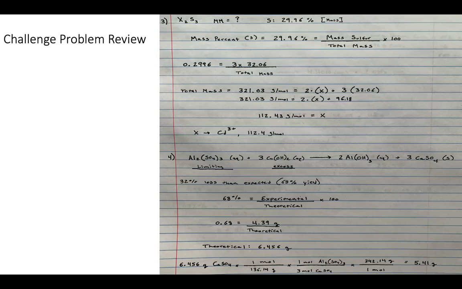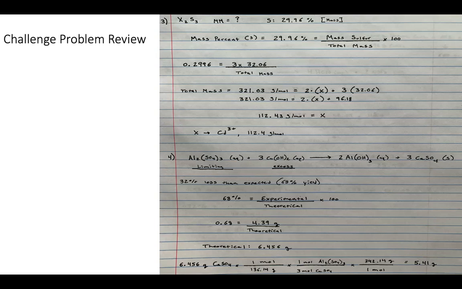When we look at the periodic table, the only element that weighs right about 112.4 is cadmium, Cd. Okay, and we know it's 3 plus just because of the ionic formula, right? Charges balance. If there's 3 sulfurs, they all have a -2 charge. Cadmium needs a +3 charge.